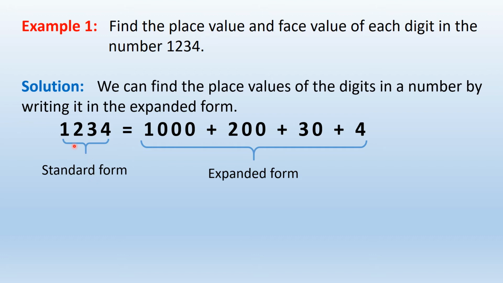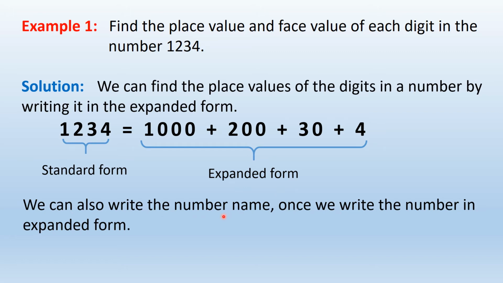So when the digits are written one beside the other to form a number, that form of the number is called standard form, and when the place values of each digit are written with the plus sign between, this form of the number is called expanded form.